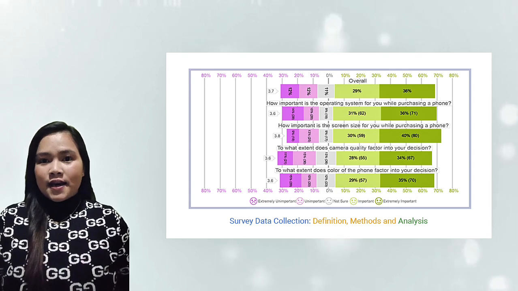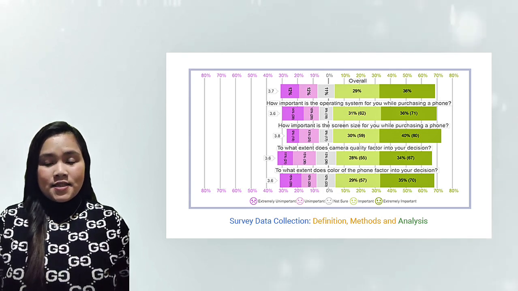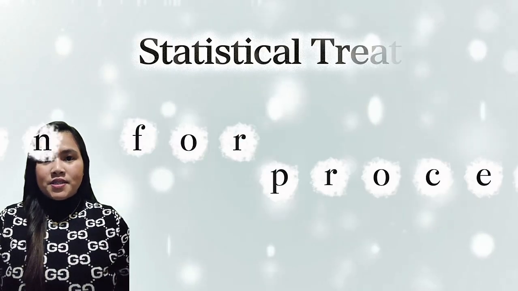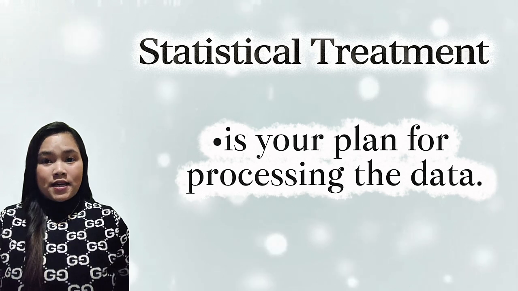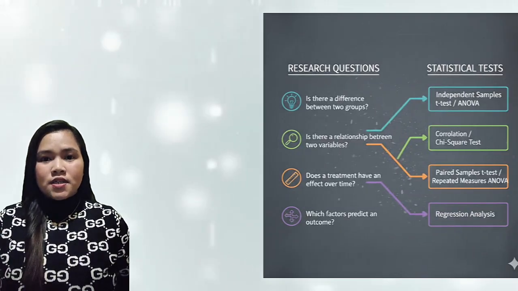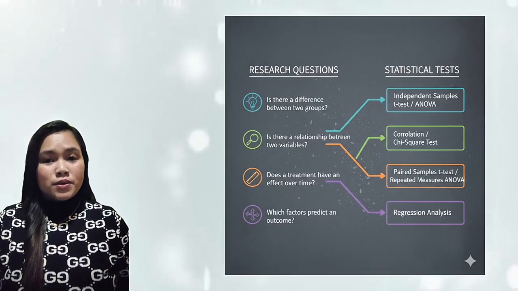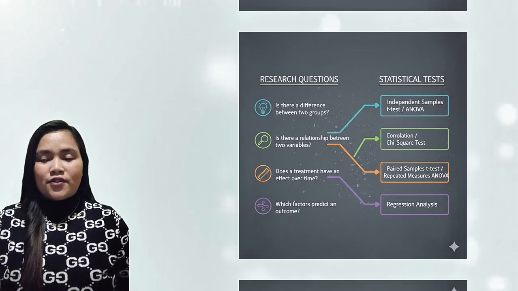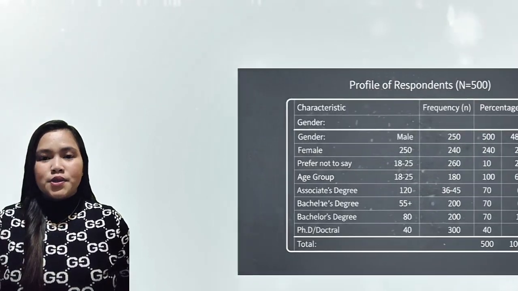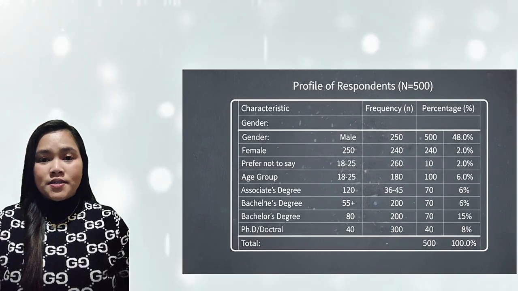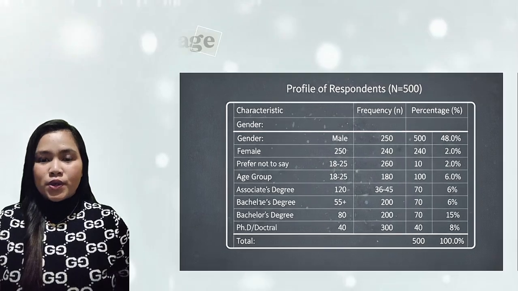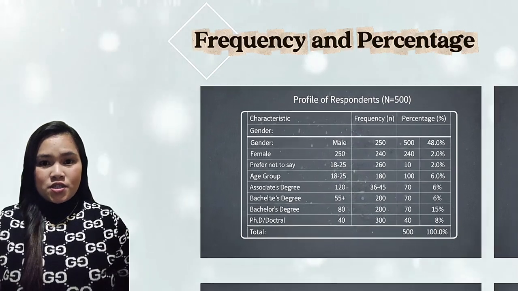Once you have your data, how will you analyze it? Statistical treatment is your plan for processing the data. You must match the statistical test to your research questions. For example, to describe the profile of respondents, we use frequency and percentage.